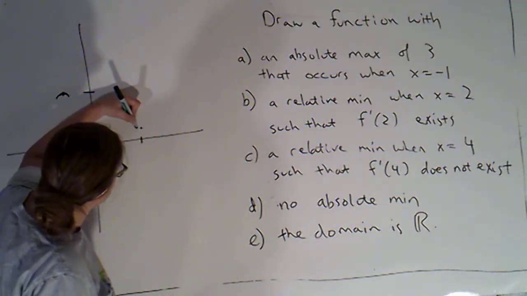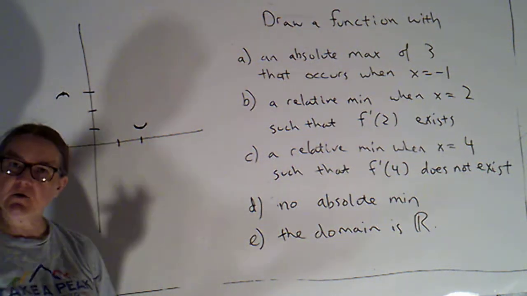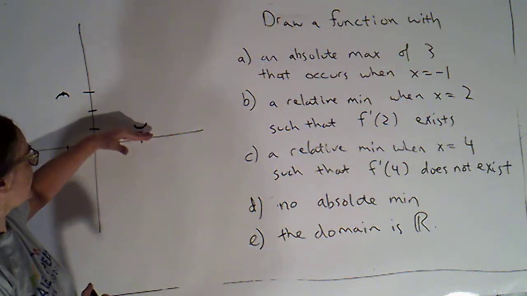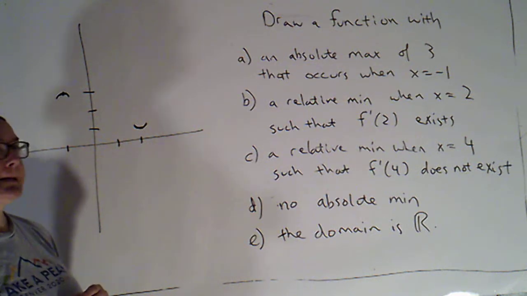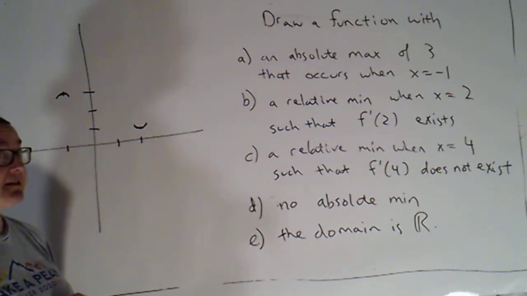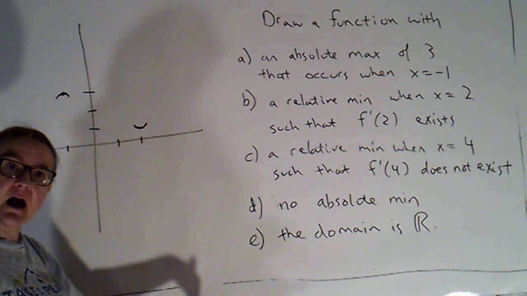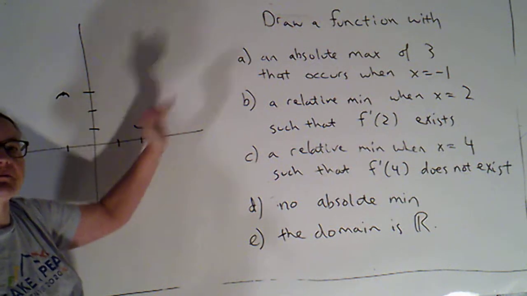So I'm going to just draw in a little valley. As long as I make it nice and smooth and rounded so there's no sudden change, then the derivative is going to exist. And in fact, what would the derivative be at that min? Yes, it would be 0. We're going to have a horizontal tangent because that's the place we stop going down and start coming up, and so we're sort of leveling off in between.